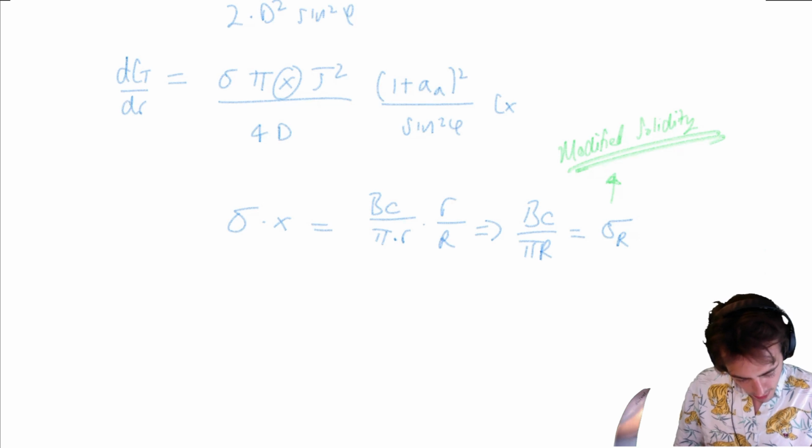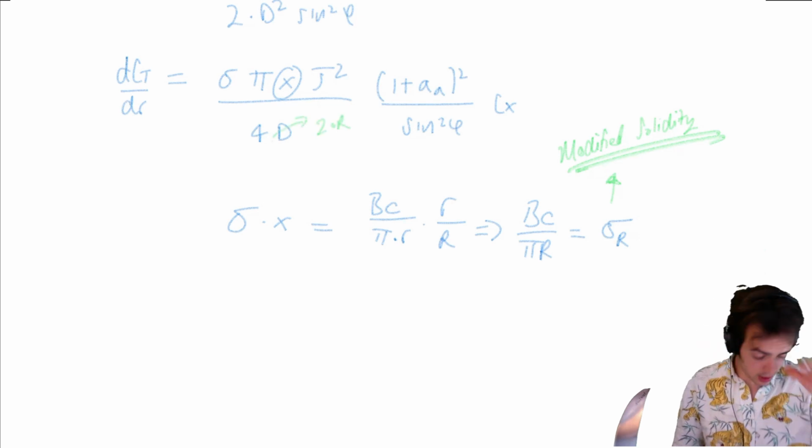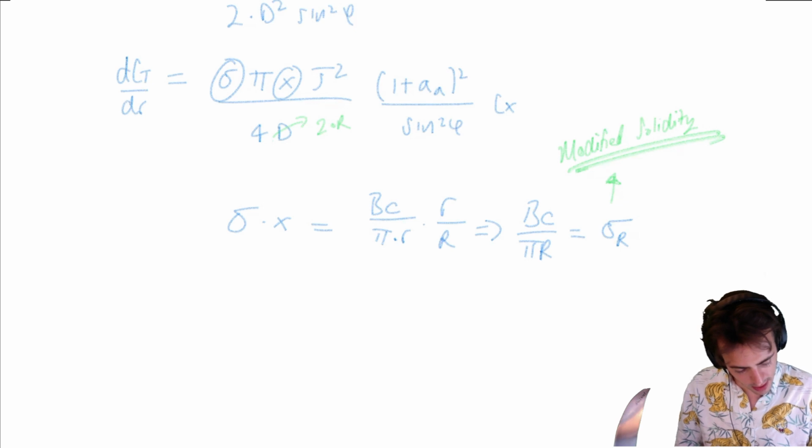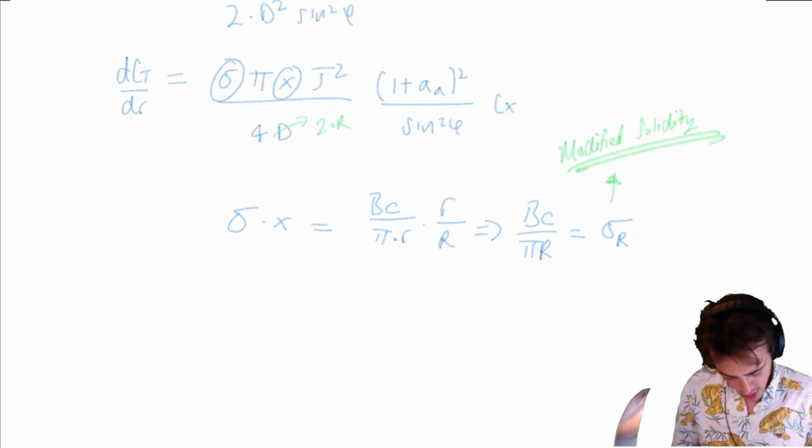Okay, and we can see here hopefully that we could just replace d with 2R as well, and that's going to help us. So we substitute these 2 things in. So where we had sigma and x, we can replace this with sigma R, and where we had d, we can replace this with 2R.